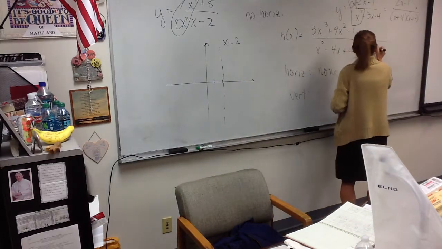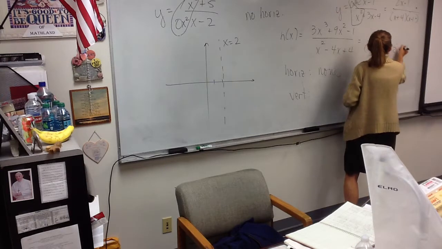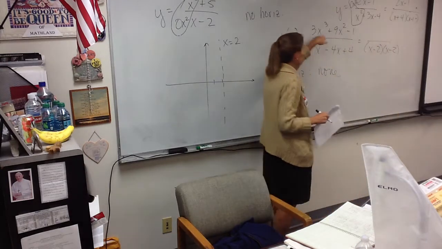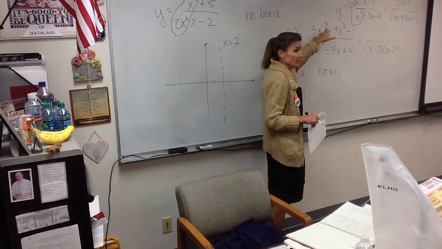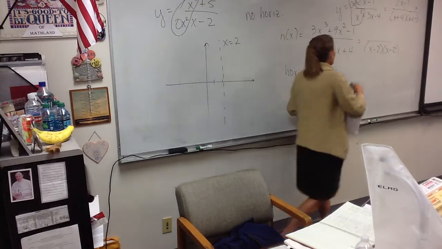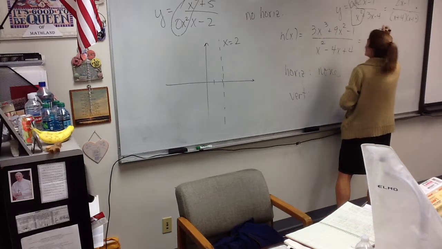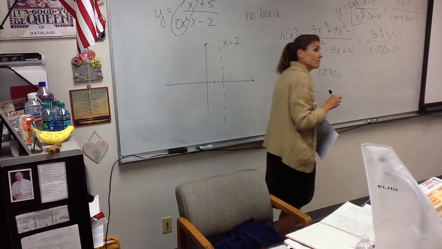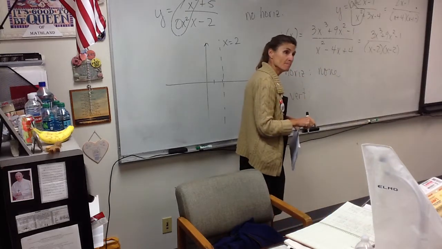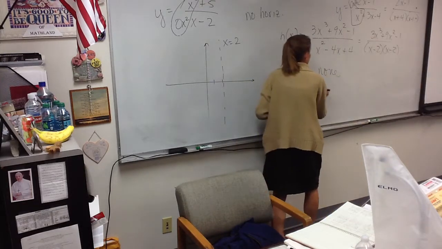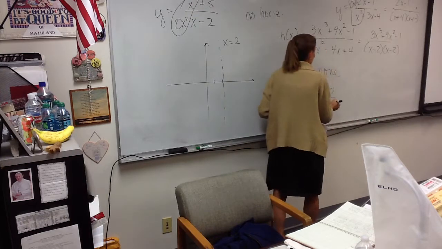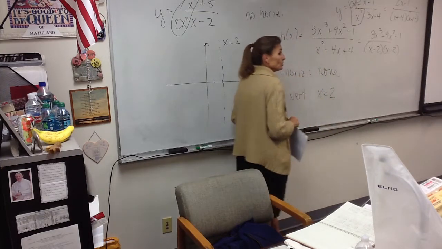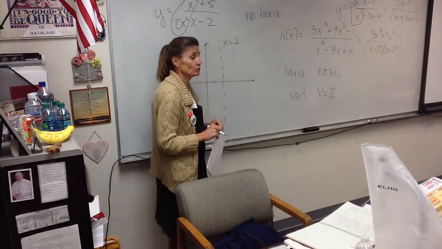Now, kids, do not get crazy. The top doesn't factor, that's a cube. I don't care though about the top because where does my vertical asymptote come from? The bottom. So where's my vertical asymptote? It's just X equals 2.